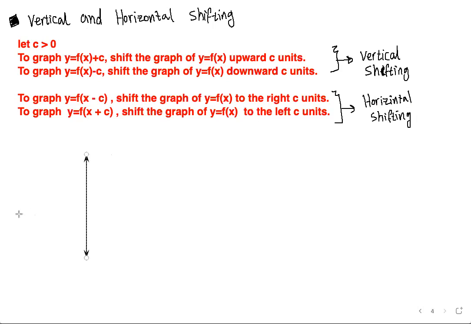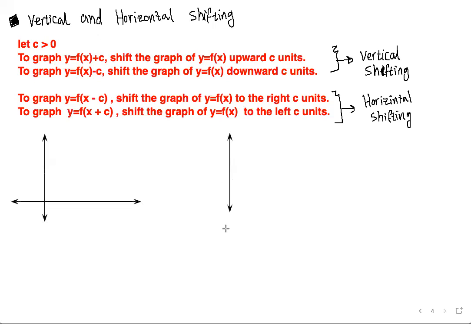So suppose my graph looks like this. I'm going to do 4 graphs here. I don't know if it fits, but I'm trying my best. This is the first one, because I want to graph 1, 2, 3, 4. So I need 4 graphs.